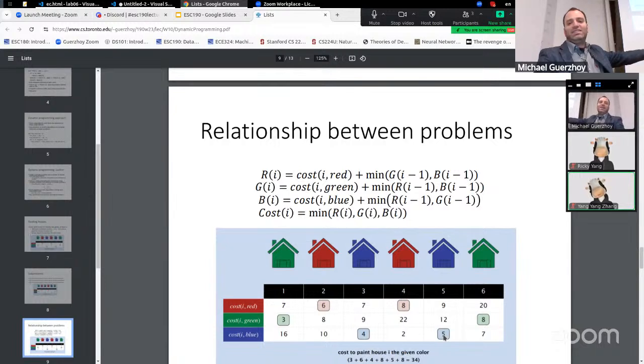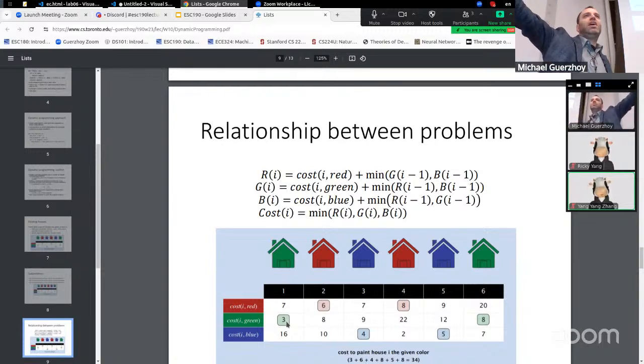Because that is actually picking the paint job that will be the cheapest in the long run. That's in contrast to going from the left, where I couldn't have just said, well, just pick the cheapest one, because if I pick the cheapest one here, it might be that down the road I find out that did not work out for me. Does that make sense? We kind of did an example last time, but is anyone not okay with this?